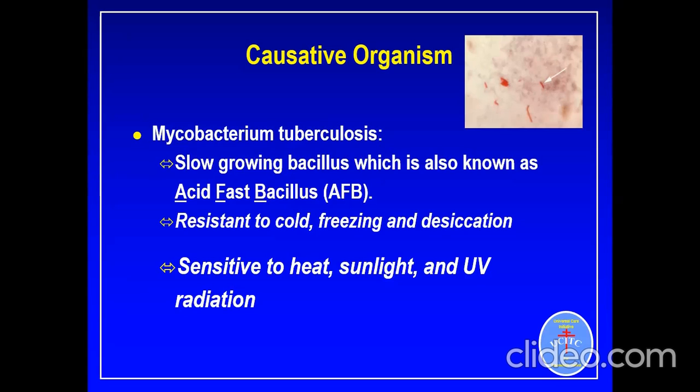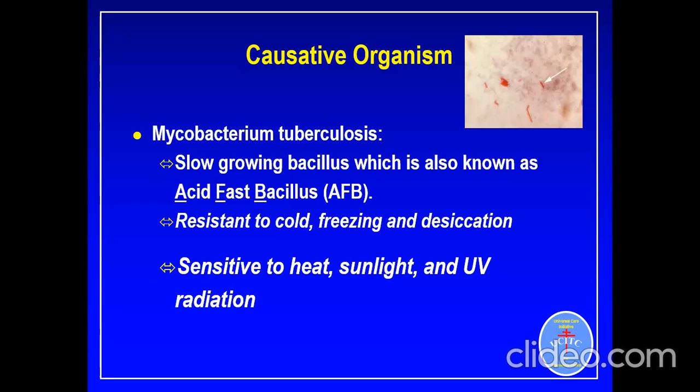Now, as we all know, the causative organism is known as Mycobacterium tuberculosis, which is a slow-growing bacillus, also known as an acid-fast bacillus. It is known as acid-fast bacillus because of its characteristic staining properties, which we normally do by the Ziehl-Neelsen stain.